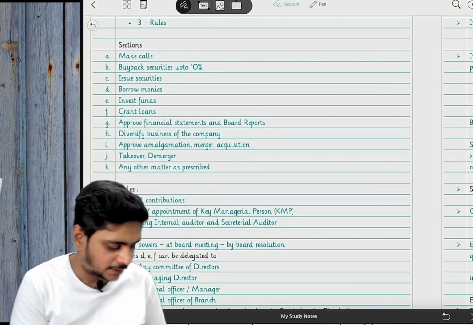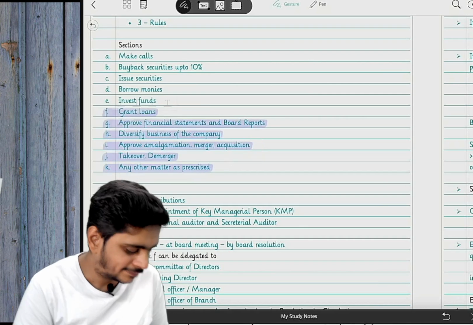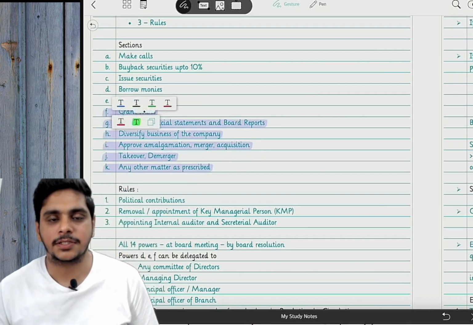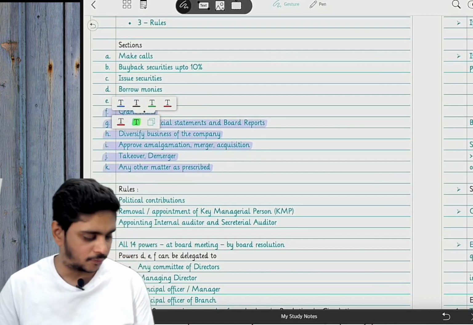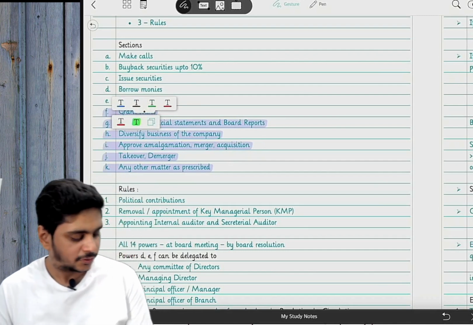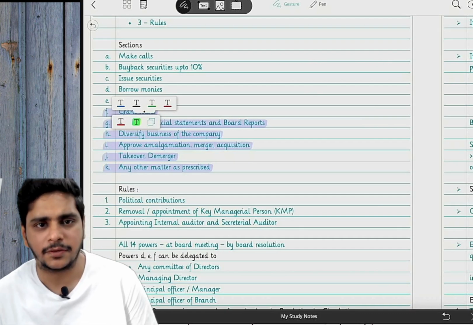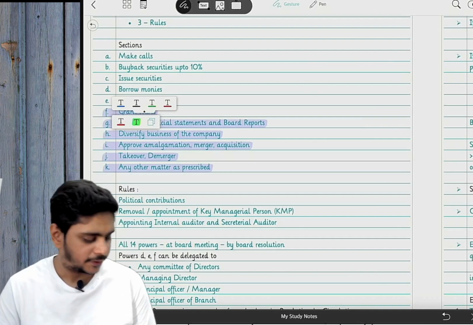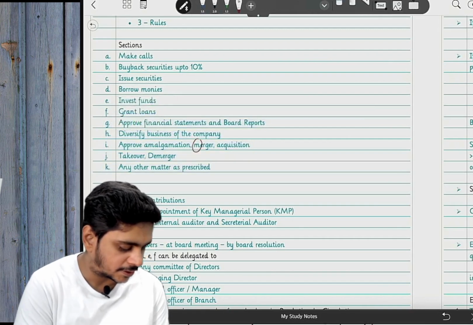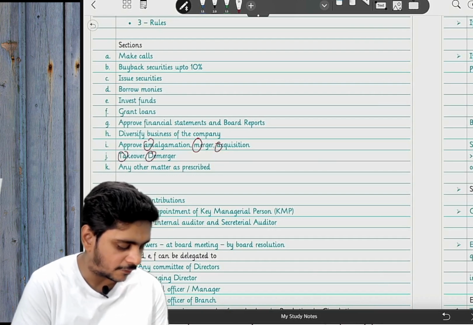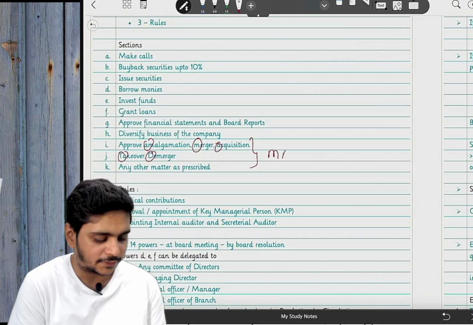Then the next 5 powers are: to approve financial statements and board report, to diversify the business of the company, and then MADAT. MADAT is basically mergers, amalgamation, demergers, acquisition, takeover. So these together we call MADAT.